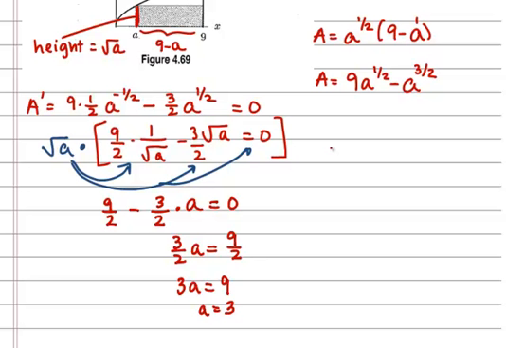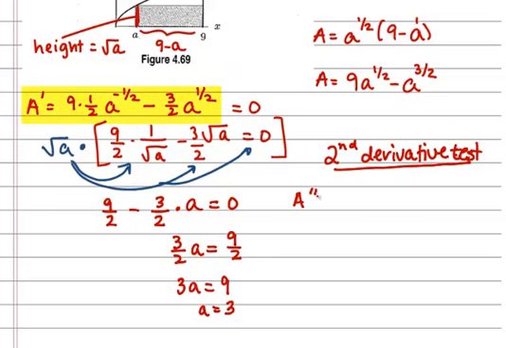So now, once we have that information, I'm going to test to make sure that we are getting the maximum area. And so I'm going to use, instead of the first derivative test, the second derivative test here. So I'm going to take the second derivative, which would give us 9 halves times negative 1/2 a to the negative 3/2, minus 3/2 times 1/2 a to the negative 1/2.